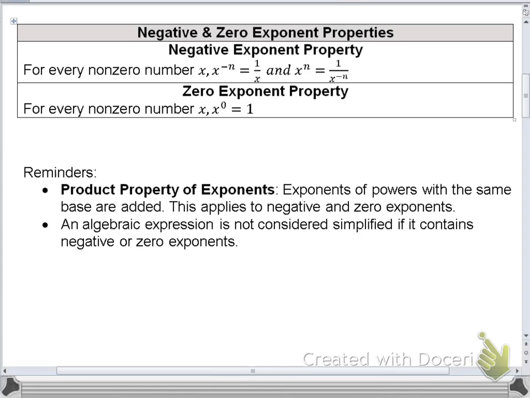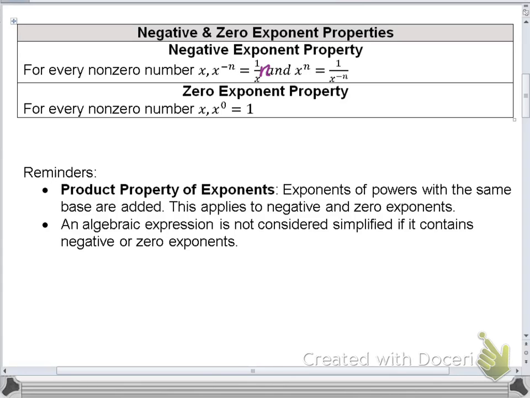So x to the negative n should be 1 over x to the n. So you need to add in here an exponent of n. So as you can see, the negative disappears on the exponent when you move it to the bottom of the fraction.